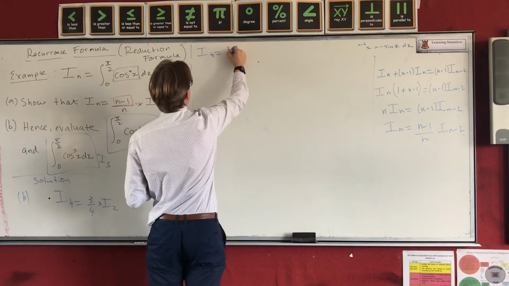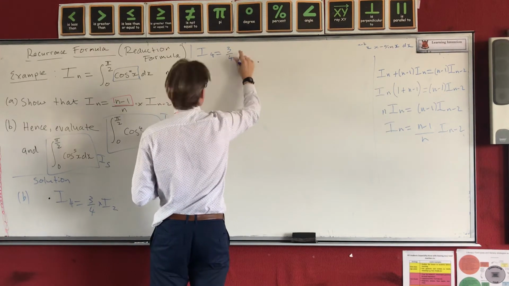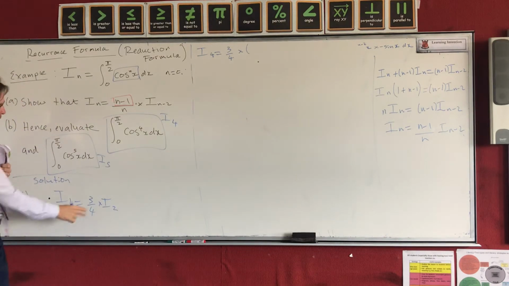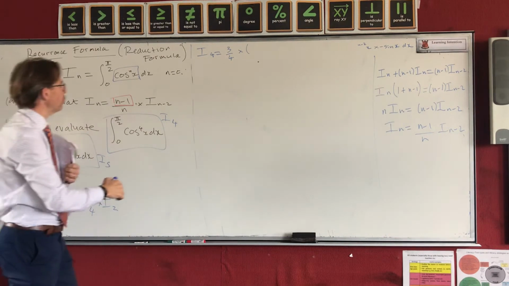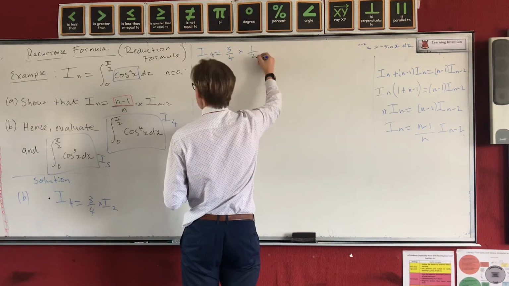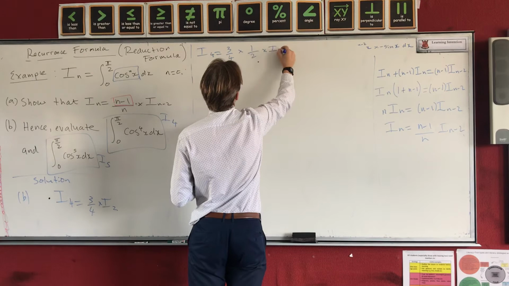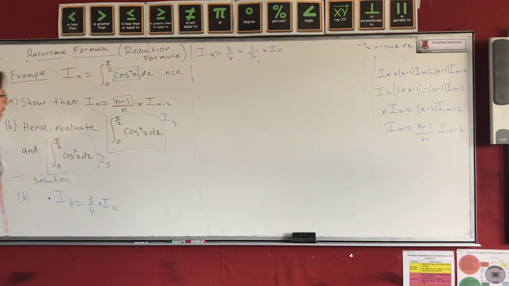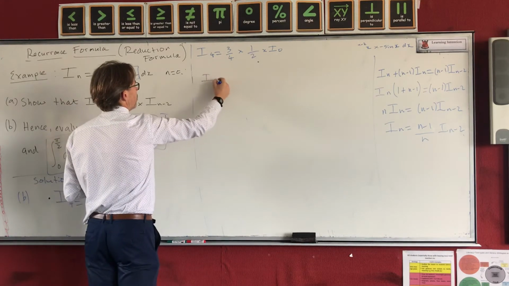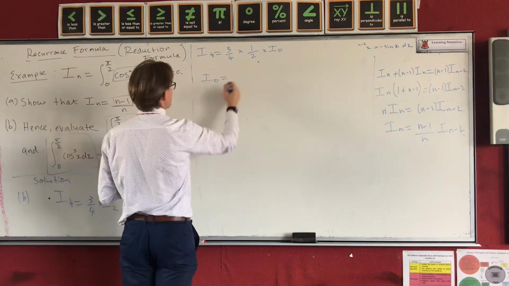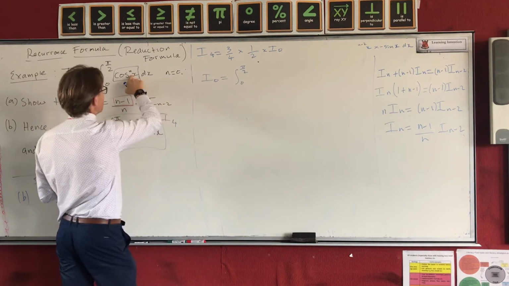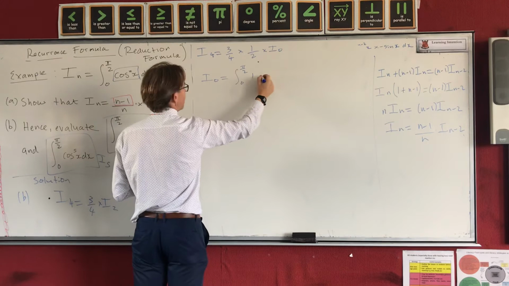I4 equals 3/4 times, now what's I2? I2 is 2 minus 1, which is 1 over 2, times I0. Now let's think about what's I0 here. I0 is equal to the integral from 0 to pi on 2 of 1 dx, isn't it?